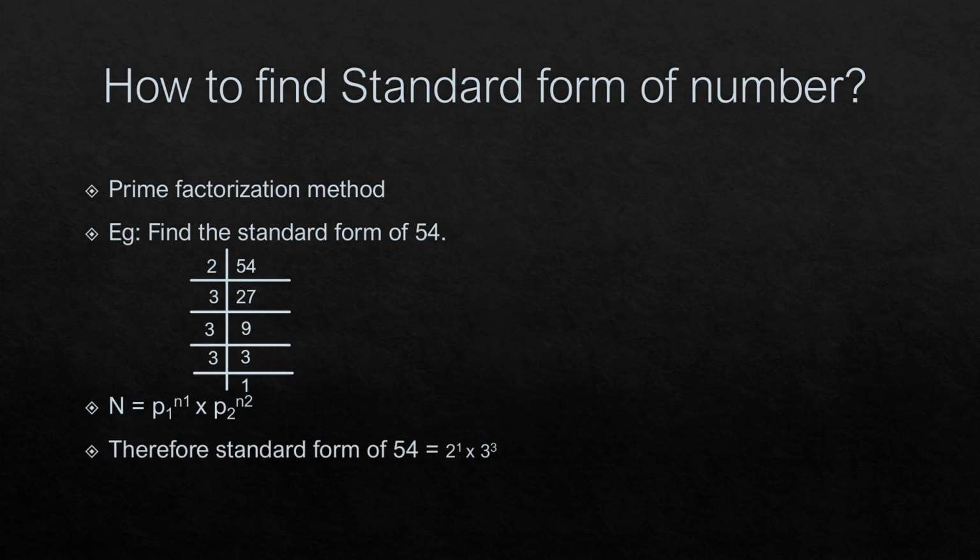Therefore, standard form of 54 is 2 to the power 1 into 3 to the power 3. Now, 2 comes one time. That's why we wrote 2 to the power 1. 3 comes 3 times, 1, 2 and 3 times. That's why it is 3 to the power 3.